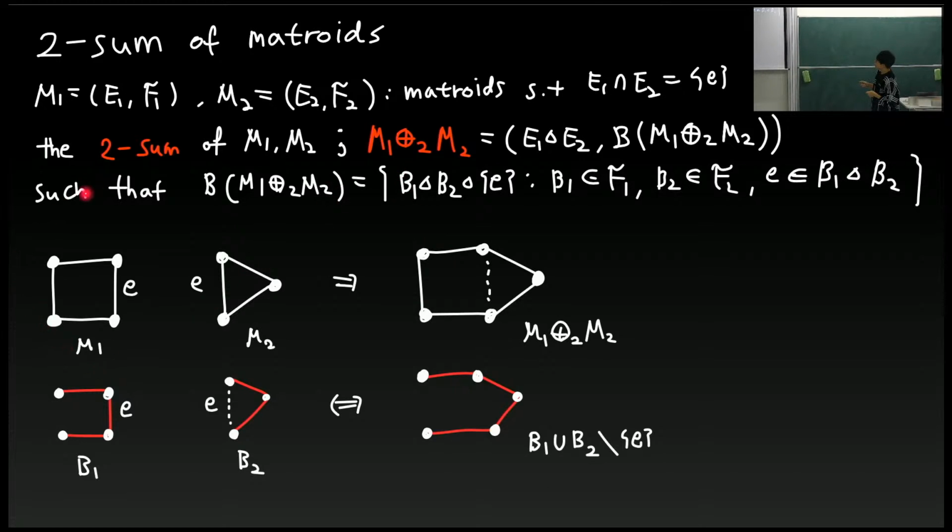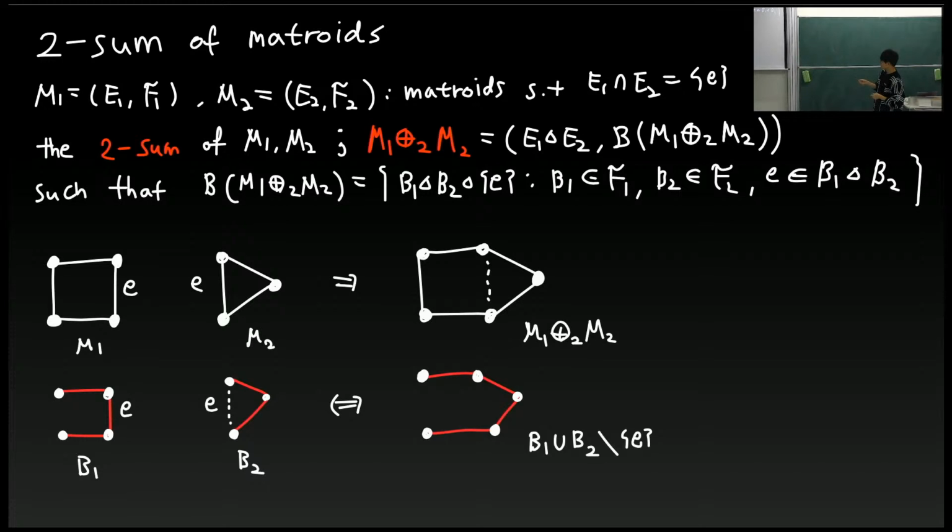Let M1 be the cycle matroid of a cycle and M2 be the cycle matroid of a triangle. Then both matroids share a common edge, E. Then we choose a base B1 from M1 and a base B2 from M2, such that the chosen bases B1, B2 satisfy a condition.